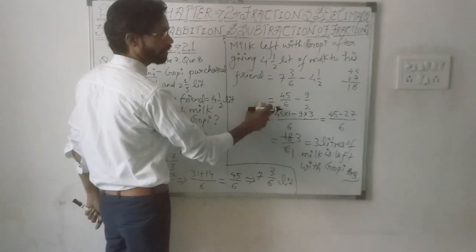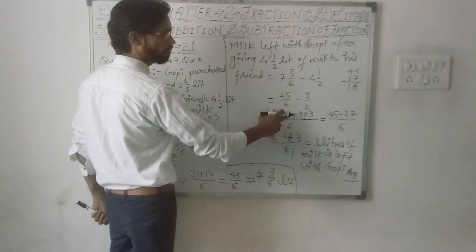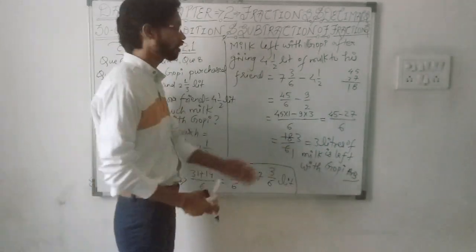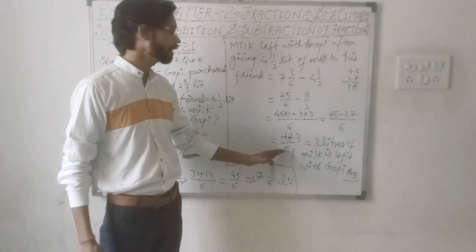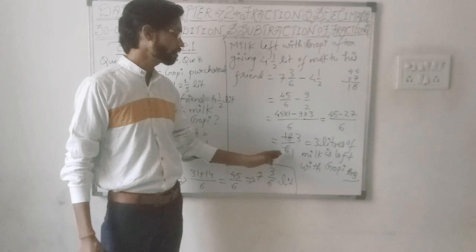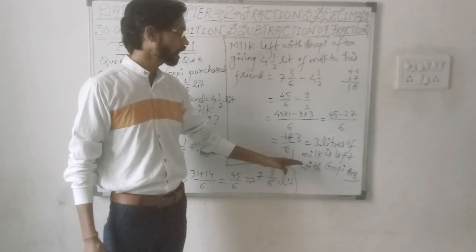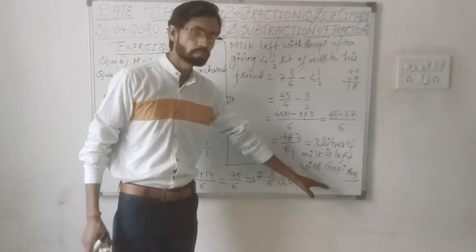We got 45 by 6 minus 9 by 2. 45 ones are 45 minus 3 into 9, 27. We got 45 minus 27 by 6, that is equal to 18 by 6. By cancellation from up and down, we got 3 liters in the round figure. That means exactly 3 liters of milk is left with Gopi.